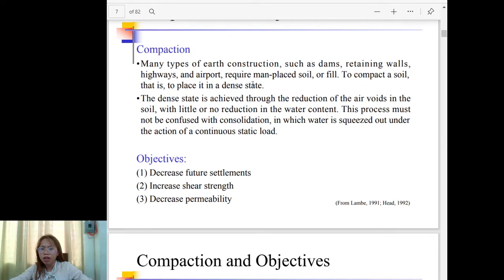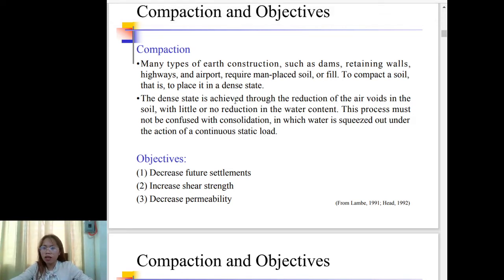Compaction: many types of earth construction such as dams, retaining walls, highways, and airports require man-placed soil or fill. To compact a soil is to place it in a dense state. The dense state is achieved through the reduction of the air voids in the soil with little or no reduction in the water content.